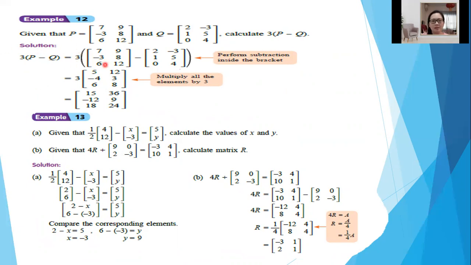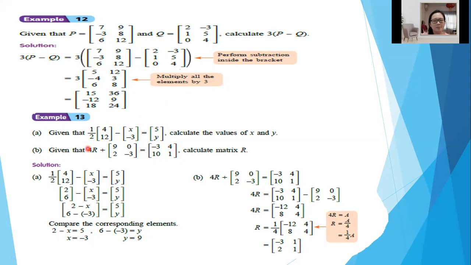This is matrix P, matrix Q. Solve them first: 7 minus 2, 9 minus negative 3, negative 3 minus 1, 8 minus 5, 6 minus 0, 12 minus 4. After we get an answer, we multiply the 3 into each element. So this is our final answer.